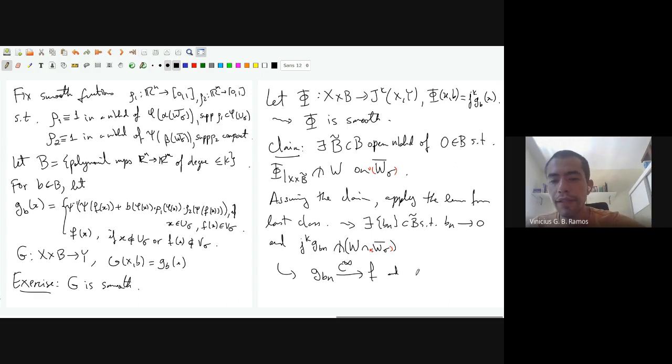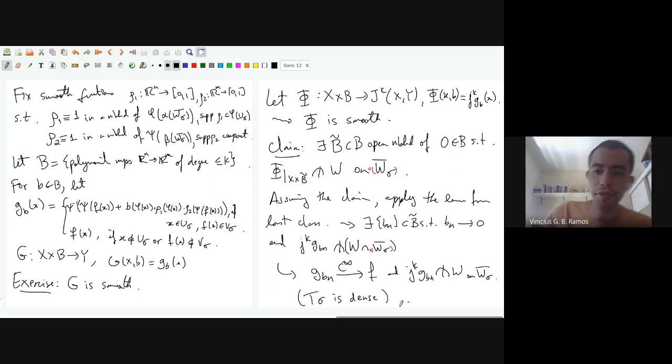So the k-jet of this is transverse to W on W sigma bar. And that's what I wanted. So that means that T sigma is dense.